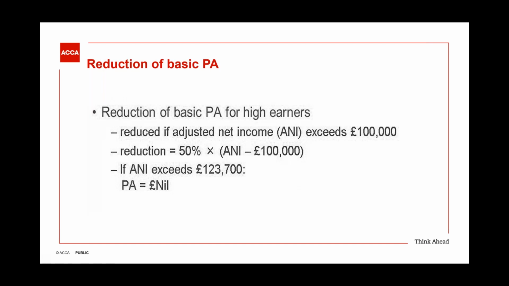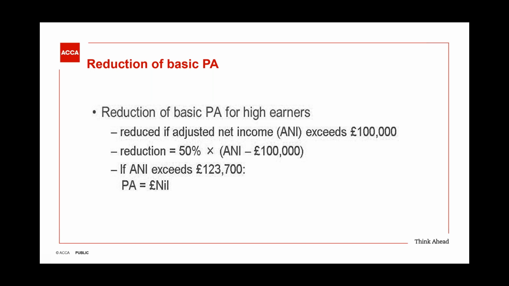So you can see on the screen there, if your adjusted net income exceeds £100,000, from that answer, you need to deduct £100,000. Say your adjusted net income is 110,000. From that, you deduct 100,000, a fixed amount, and that difference you multiply by 50%.